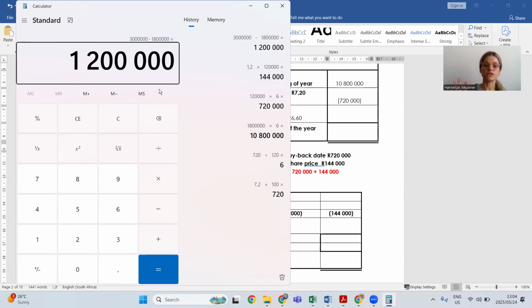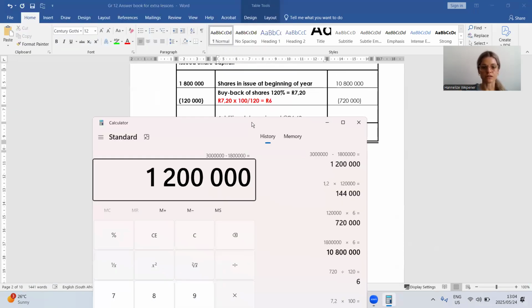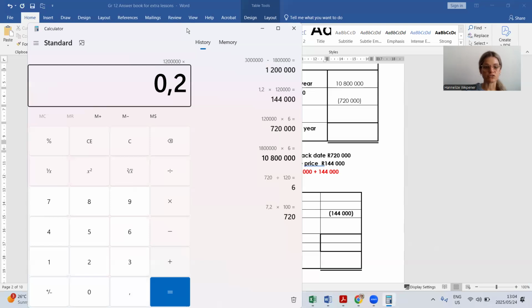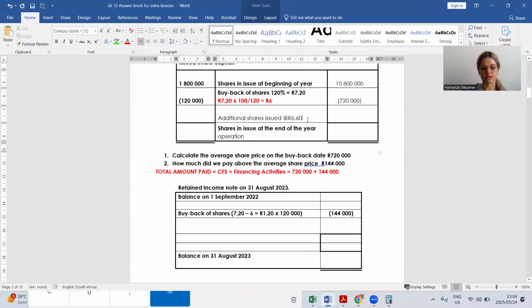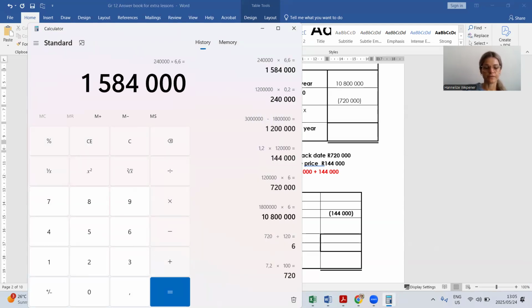So they're not asking you to take into account this buyback. It's only on day one. And I now issued 20% thereof, so 240,000 shares at 6.60 Rand each.